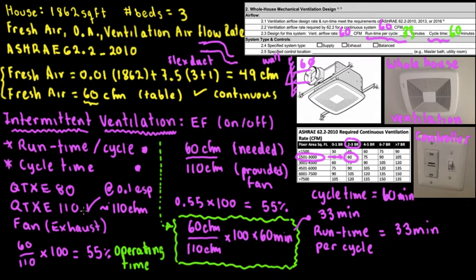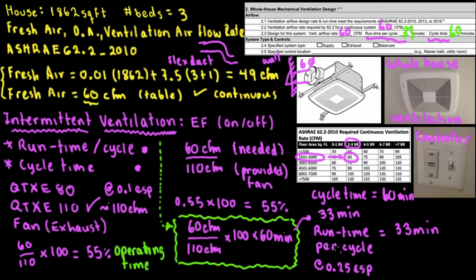For example, this fan, which is the QTXE 110, let's put more resistance in here, at 0.25, because we're adding more resistance.